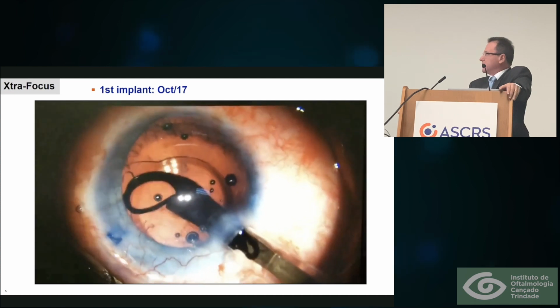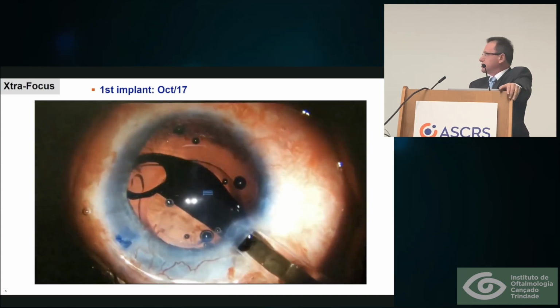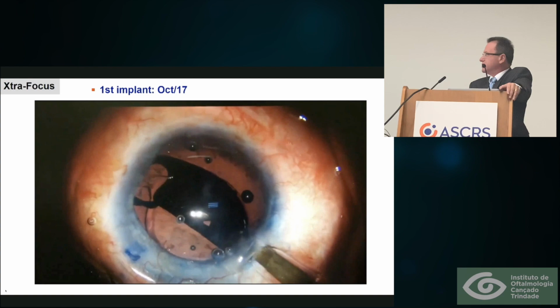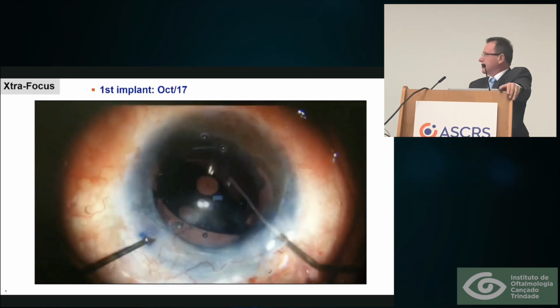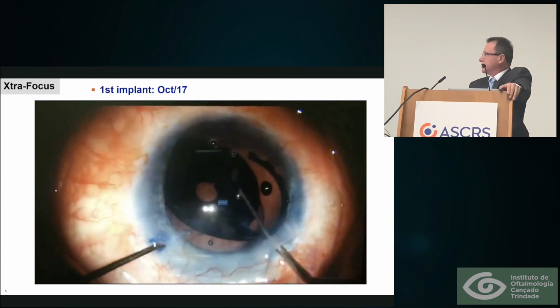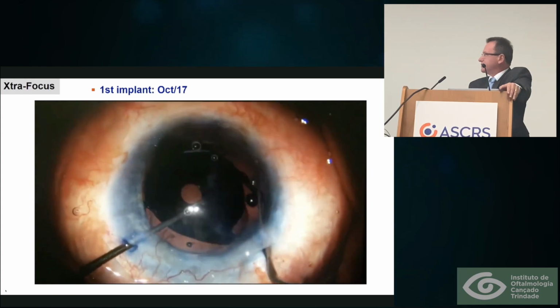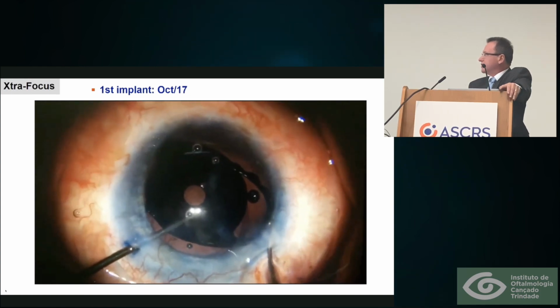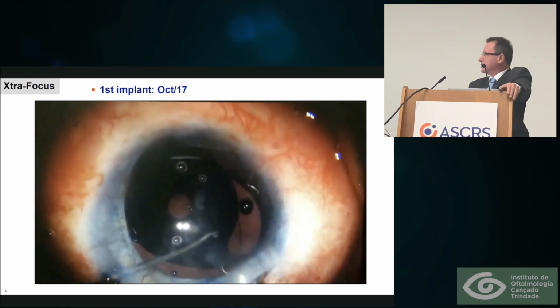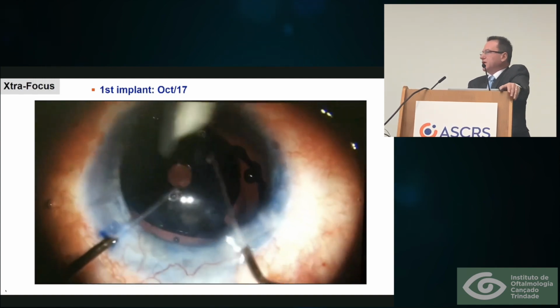And this is the implantation after the primary IOL implanted in the bag. This lens goes easily through a 2.2 incision. I use the Monarch injector, but you can use many others, though I found it easier with the Monarch through a 2.2.